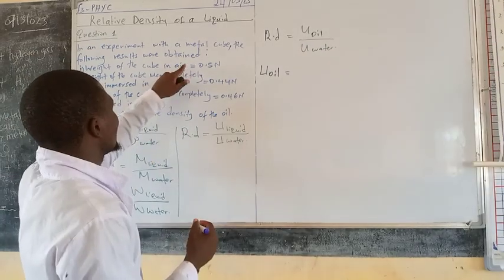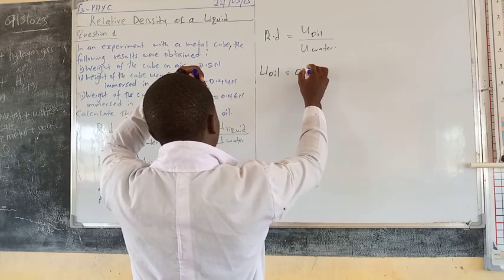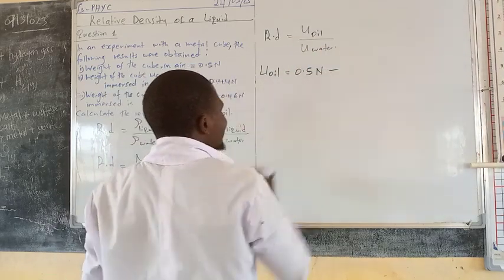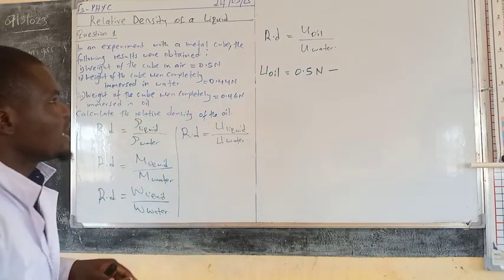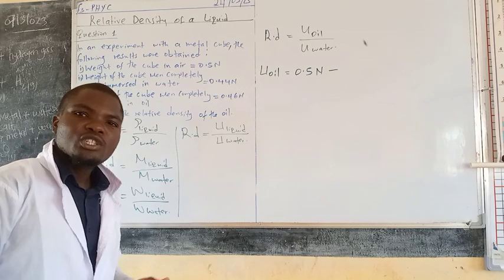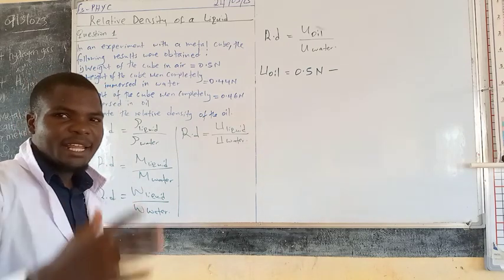So for our case, weight of the cube when in air is 0.5 Newton minus, this is our real weight. Now, the weight of the object when immersed in a fluid is known as the apparent weight.